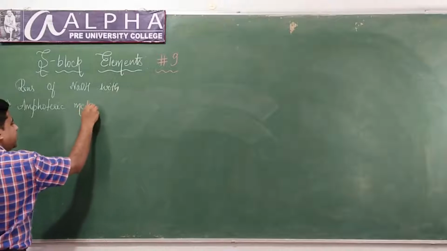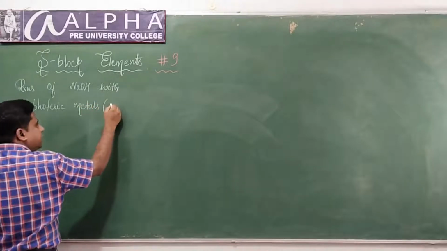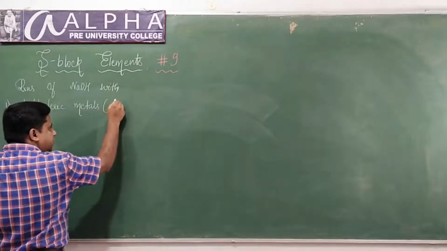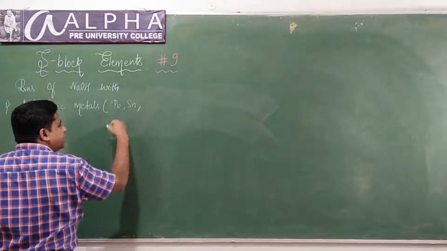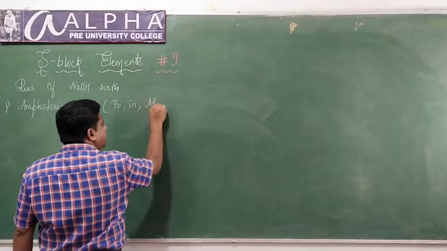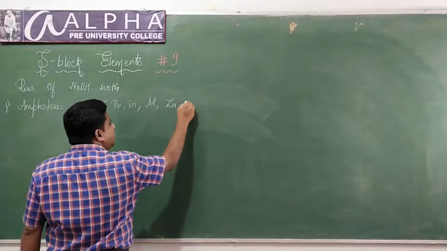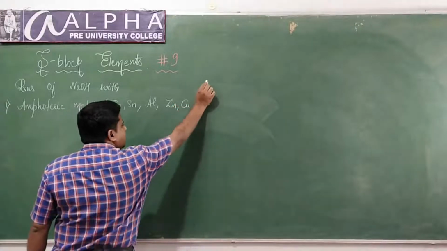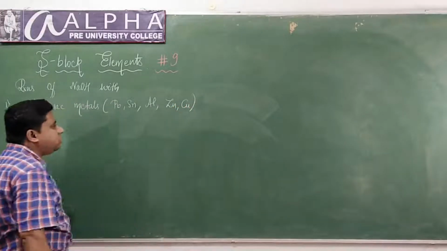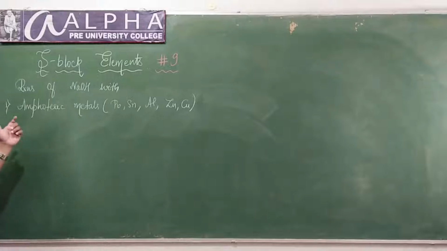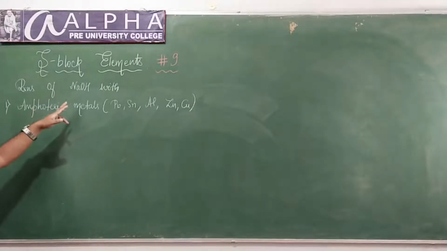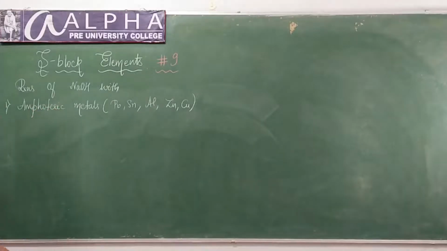Which are the amphoteric metals? Tin, lead, aluminium, zinc, copper. We have to learn the reaction of sodium hydroxide with these amphoteric metals.